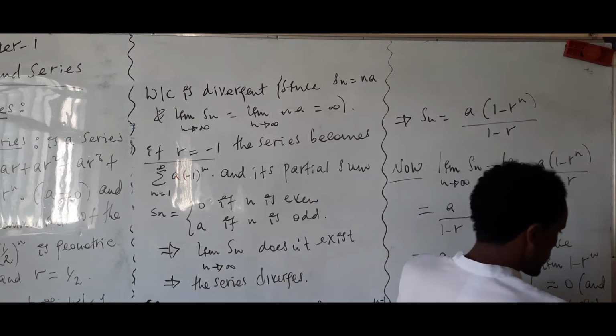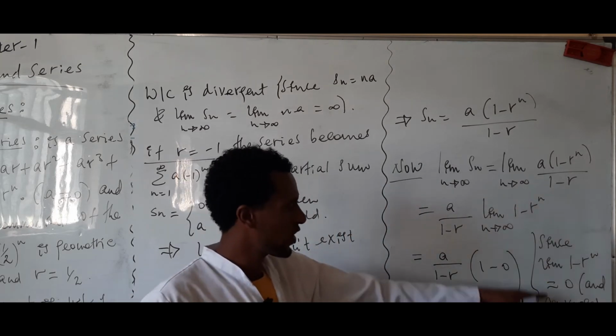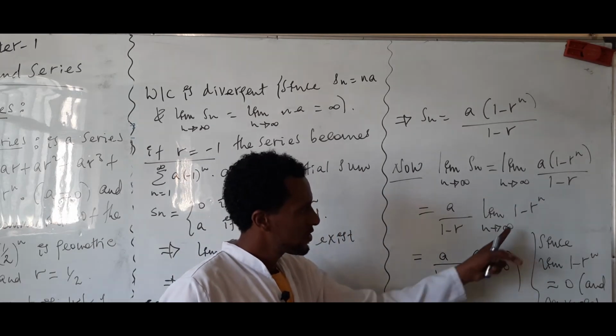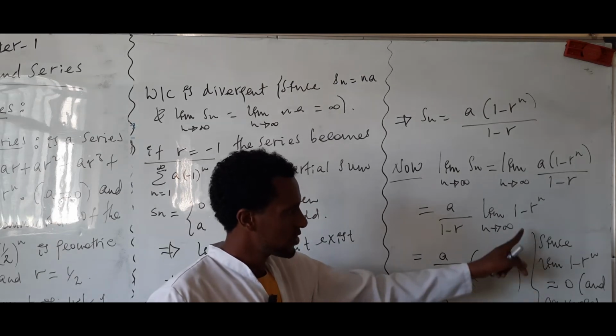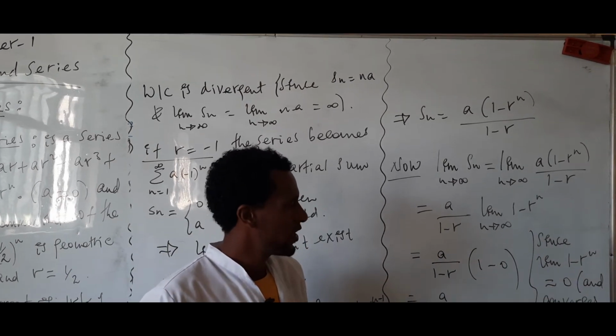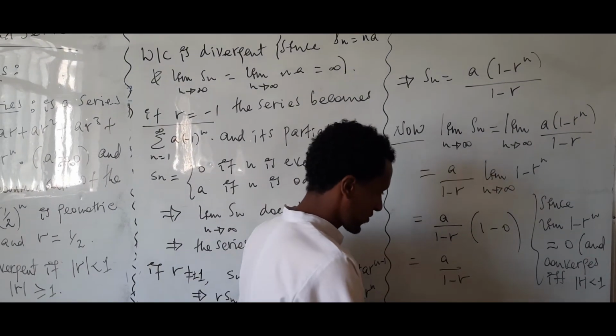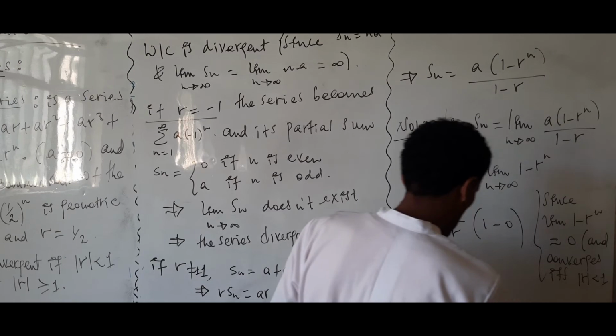If the absolute value of r is less than 1, this limit is equal to 0. This one is 1 and diverges if r is equal to 0.